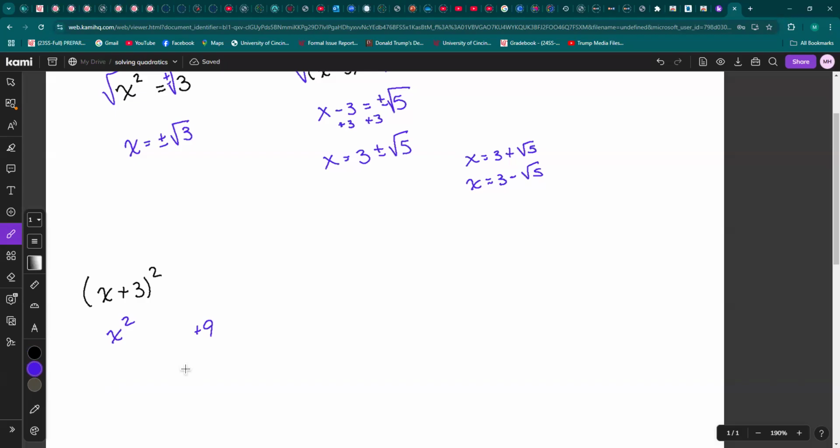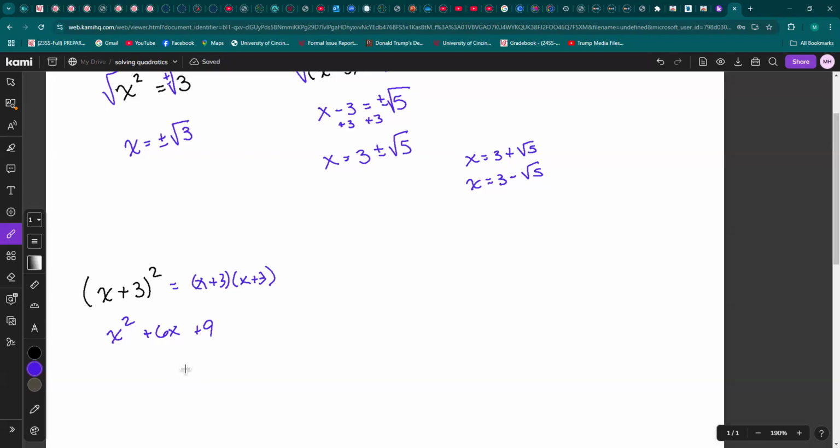So x times 3 is 3x times 2, so 6x. I could have FOILed it out, so that would have been x plus 3 times x plus 3. And if I FOILed it out, I would have gotten that 3x plus another 3x.